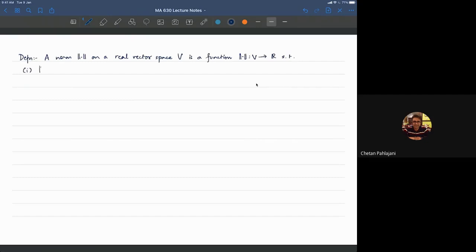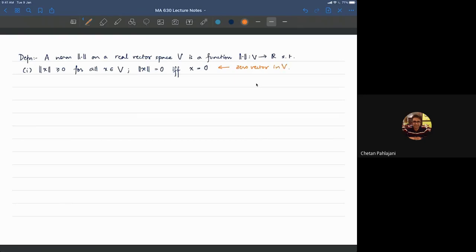First is norm of x is greater than or equal to 0 for all x in V, and norm of x equals 0 if and only if x equals 0. By the way, this is the 0 vector. This is not the number 0, this is the 0 vector in V.